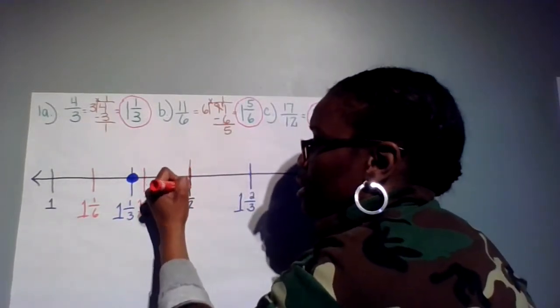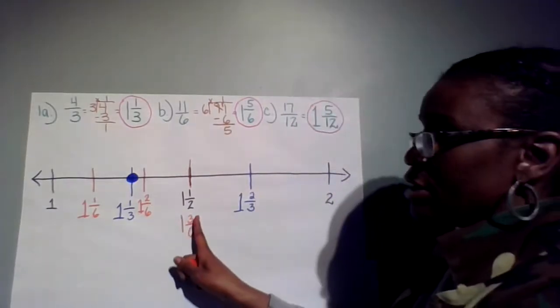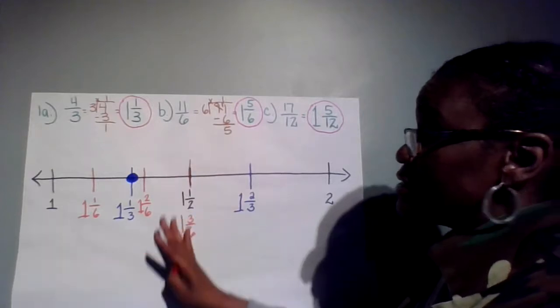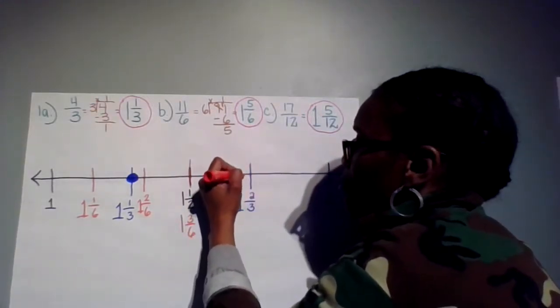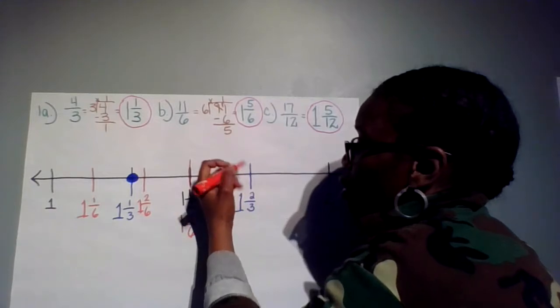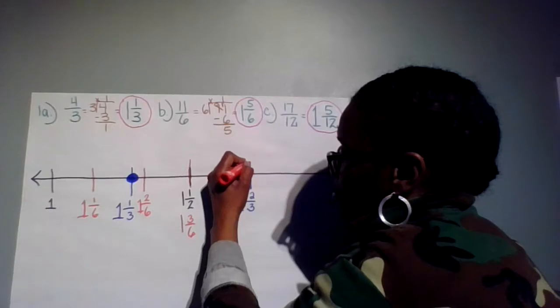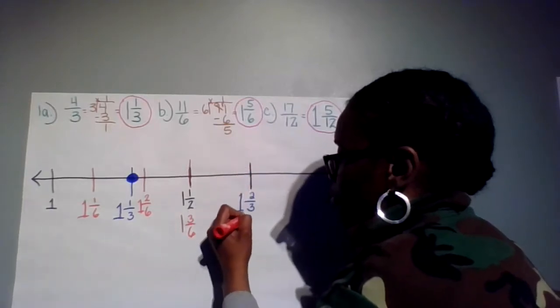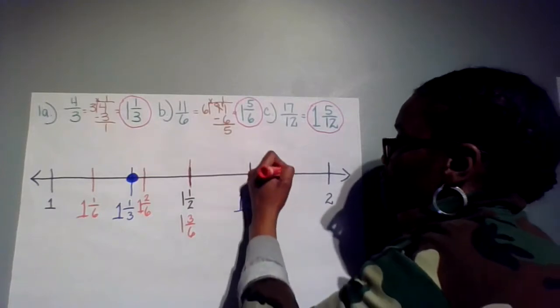This is going to be 1 and 3/6 because I know that 3/6 is my halfway point. Then I'm going to have 1 and 4/6, and then 1 and 5/6.